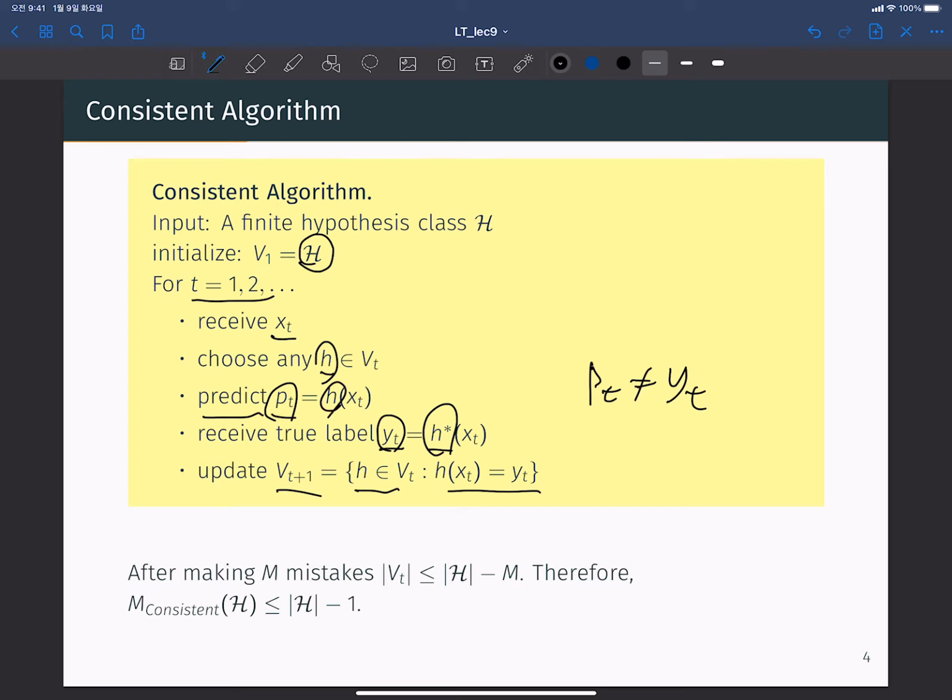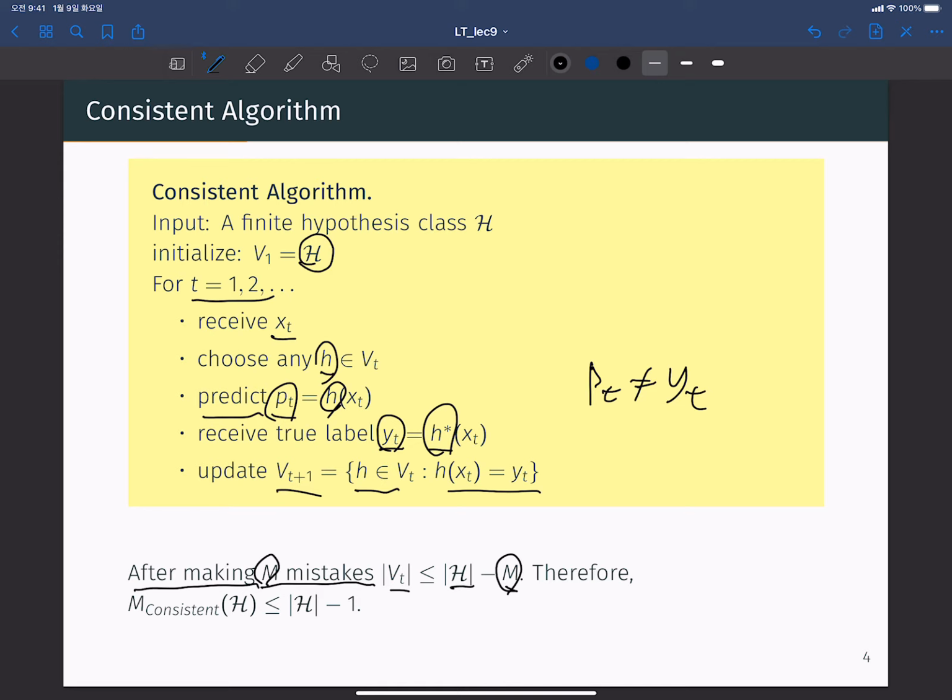for the prediction. So after making M mistakes, the cardinality of Vt is less than or equal to the original hypothesis class cardinality minus M, because at each mistake we can erase at least one hypothesis.